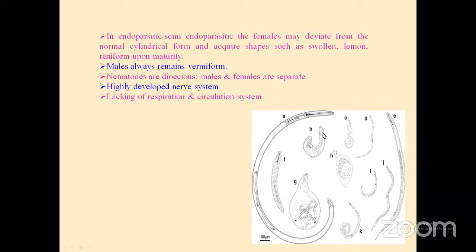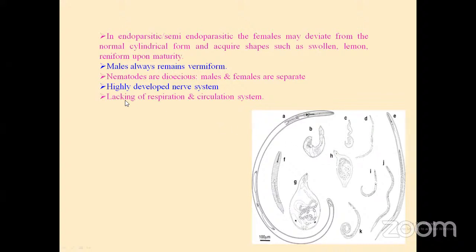Once these shapes are formed, these are nothing but females. Males always remain vermiform. They will not change their shapes. Only some females will change their shape. On maturity, only females gain these kinds of shapes.